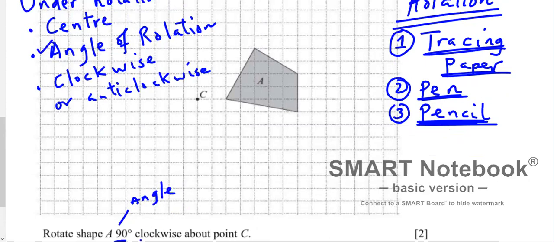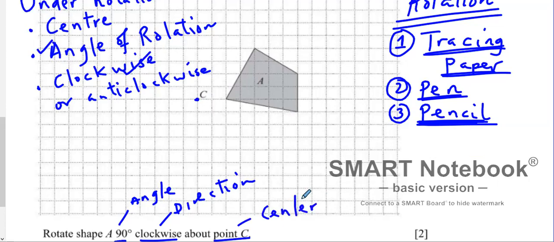Also here, clockwise stands for direction. So the direction is given. About point C. Point C, which is here, is what we call the center. So you can see that in order for rotation to happen, three things are there. Angle is there, direction is there, also center is there. So what we need are the tools. We need a tracing paper, we need a pen, we need a pencil.